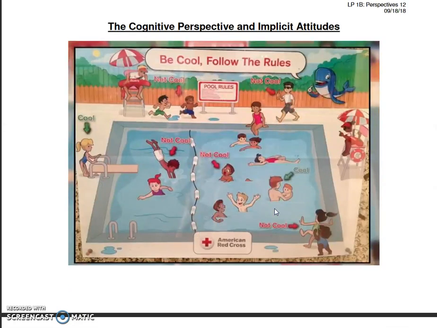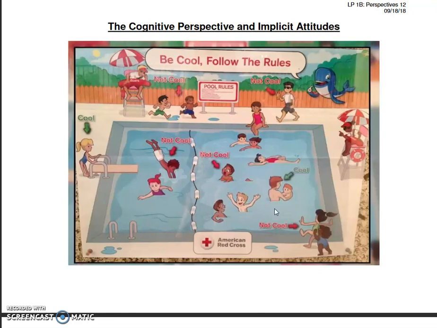These beliefs that we have can influence us in unconscious ways that we might not be aware of. So we might have implicit attitudes about race. This American Red Cross poster tries to illustrate what is cool behavior at the pool and what is uncool behavior at the pool.